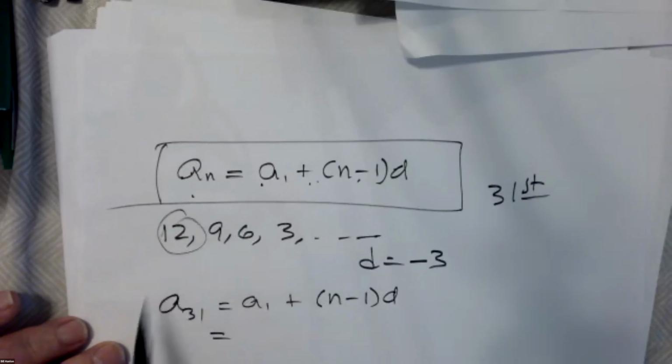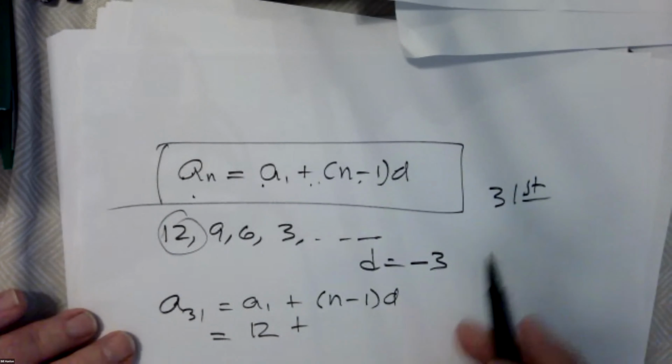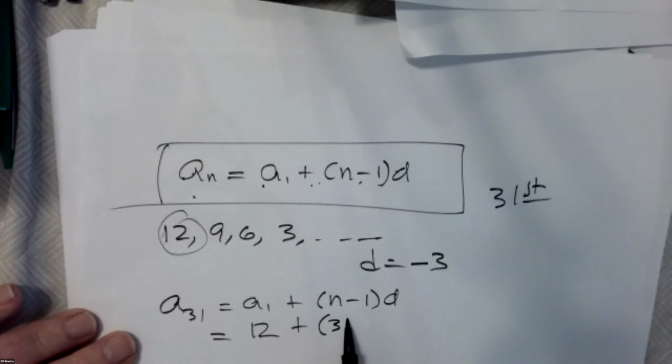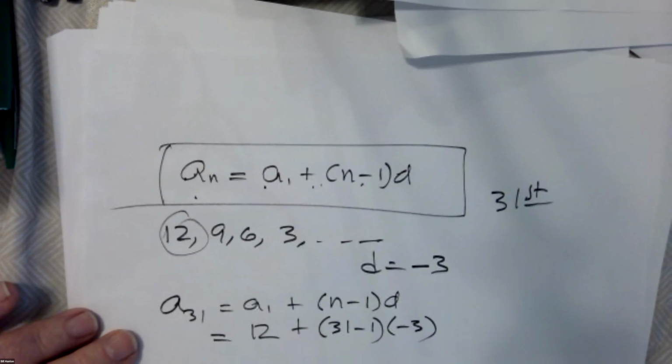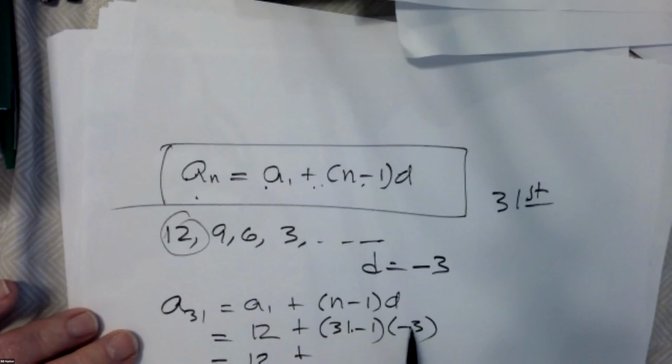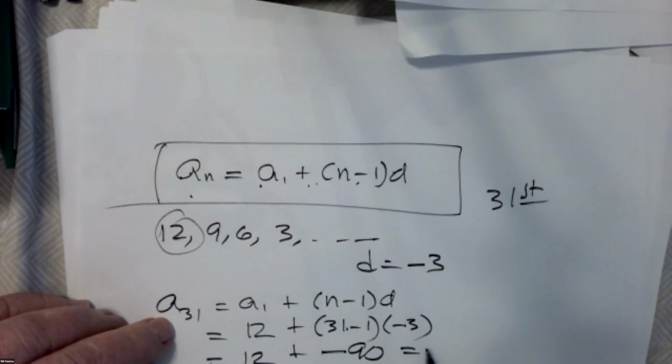What is my a sub 1? That's the first term, which is 12, plus 31 minus 1, and the common difference is negative 3. So this is 12 plus 30 times negative 3, which is negative 90, and 12 minus 90 is negative 78.